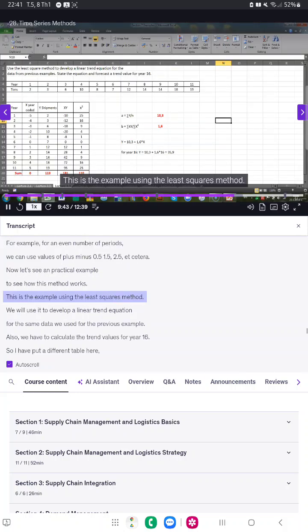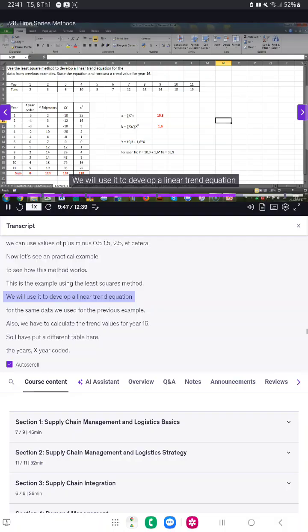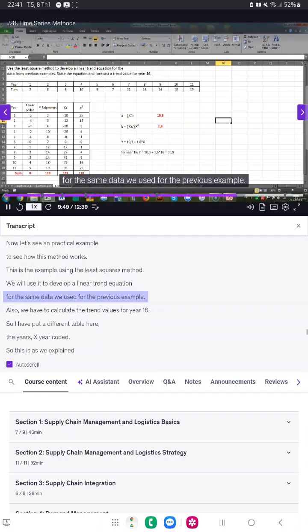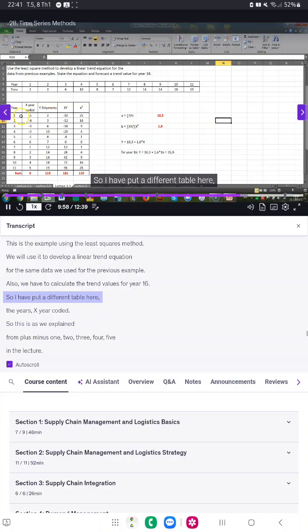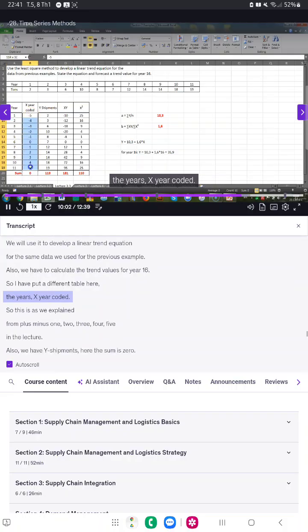This is the example using the least squares method. We will use it to develop a linear trend equation for the same data we used for the previous example. Also, we have to calculate the trend value for year 16. So I have put a different table here, the years X year coded.